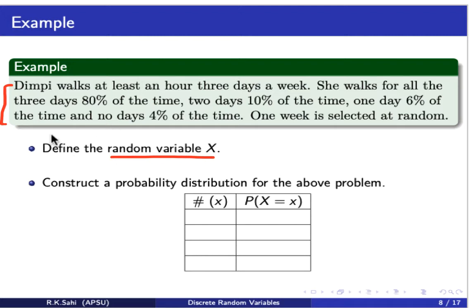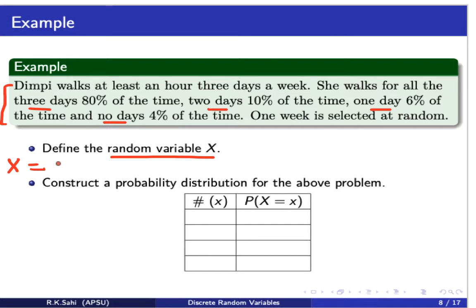So here, this x, the random variable, notice the second sentence: how many days she walks? She walks 3 days, she walks 2 days, she walks 1 day, or sometimes she doesn't walk any day. So what are we saying? It is the number of days the walking is done.